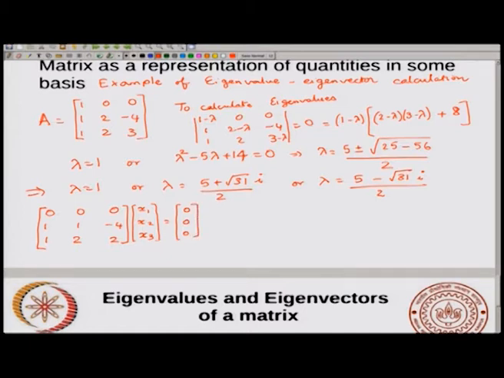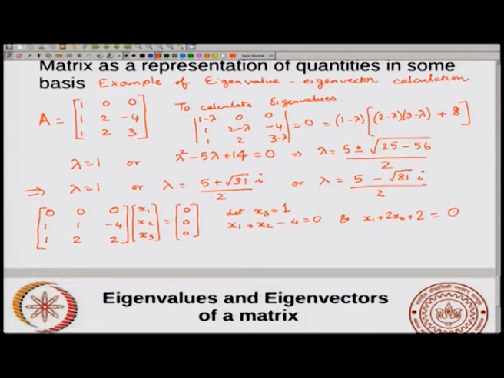Since you have only two equations and three unknowns, you can choose one of the unknowns arbitrarily. So let x3 equal to 1. Then you have two equations: x1 plus x2 minus 4 equal to 0, and x1 plus 2x2 plus 2 equal to 0.